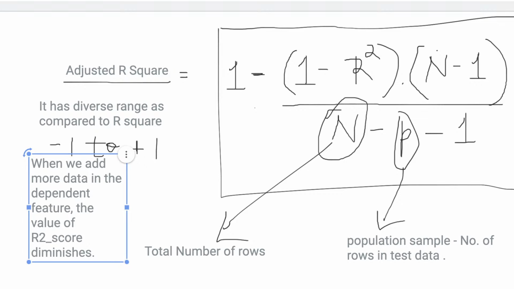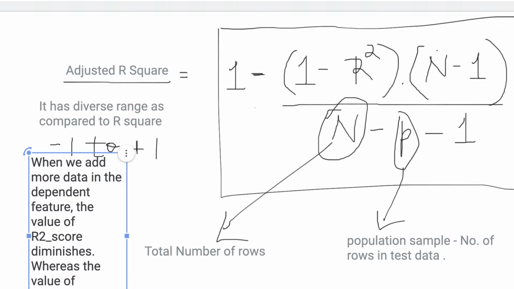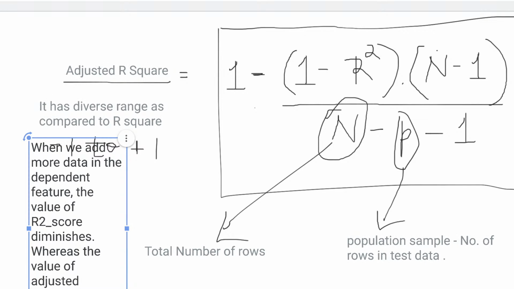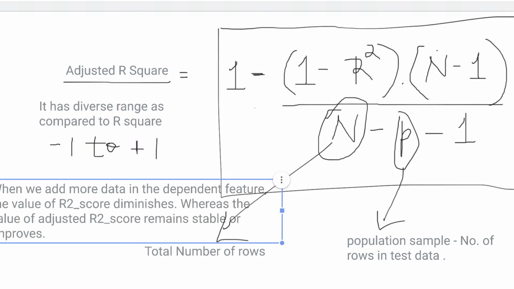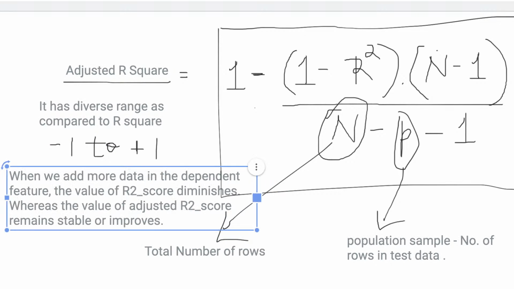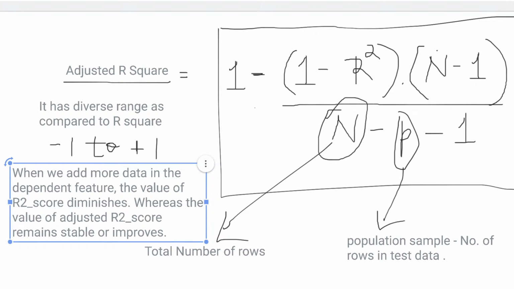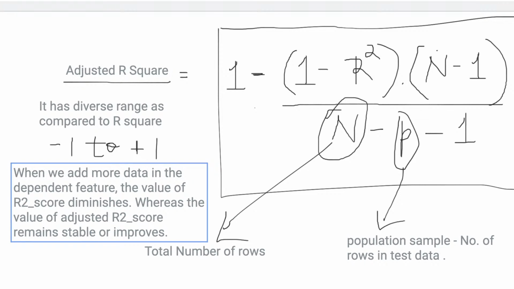Whereas the value of adjusted R2 score remains stable or improves.